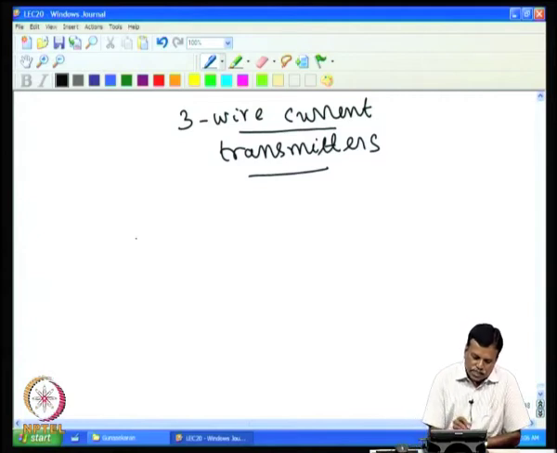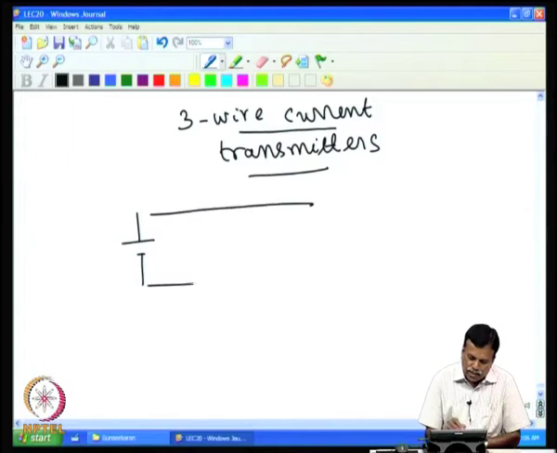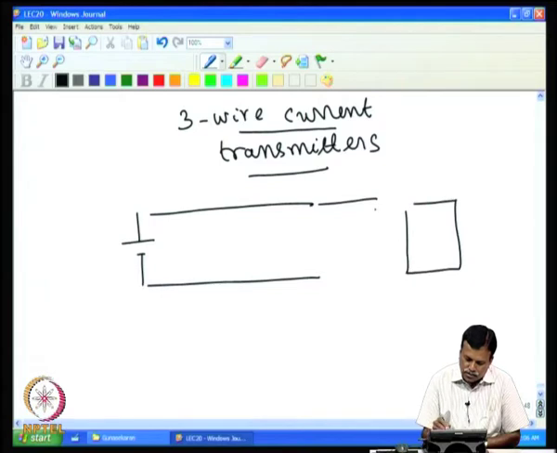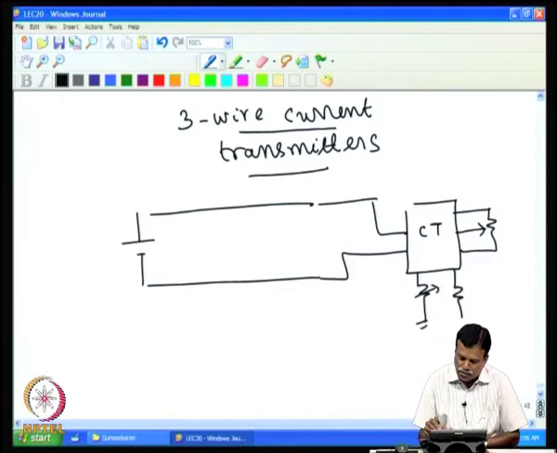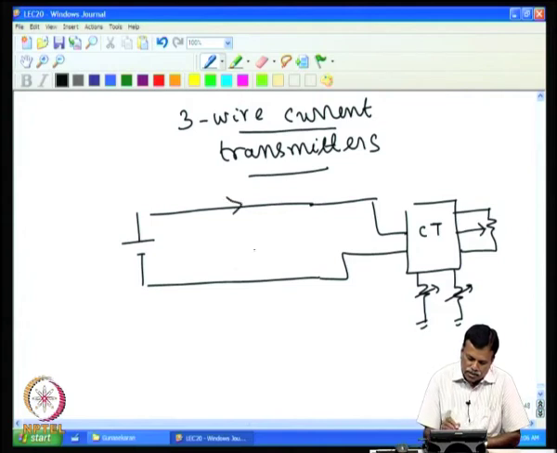Now, in 2-wire current transmitters we had a source and then 2 wires running, and then we had the current transmitter here, linked to, for example, a potentiometer. Then we have zero adjustment and span adjustment provided like this, and the current through this is 4 to 20 milliampere.